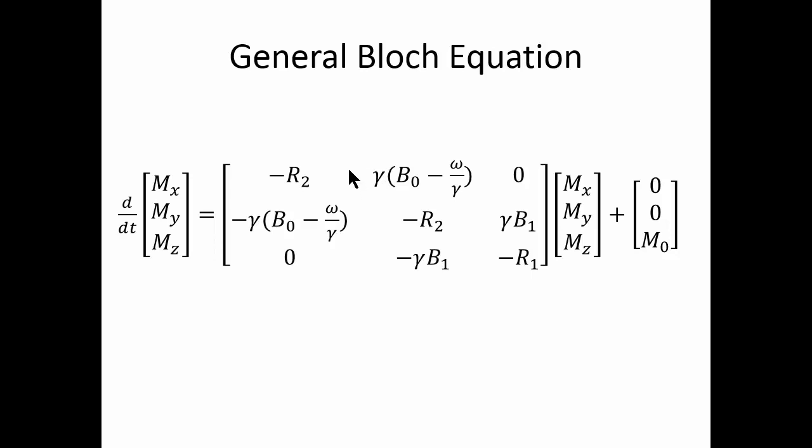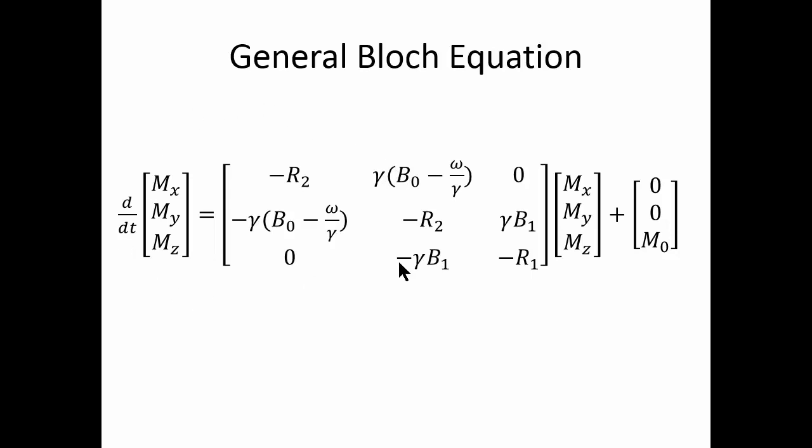The only thing we need to add are the relaxation terms, 1 over T1 or R1, and also R2 relaxation as well over here. That equation is great if we want, for example, to optimize our sequence or find out what will happen with the magnetization once we start manipulating it or measuring it.